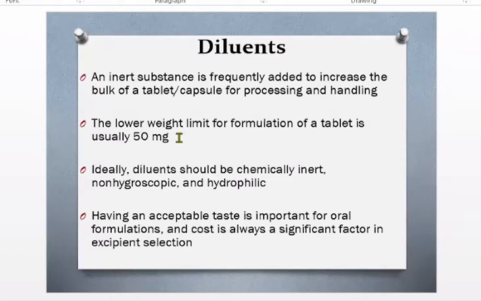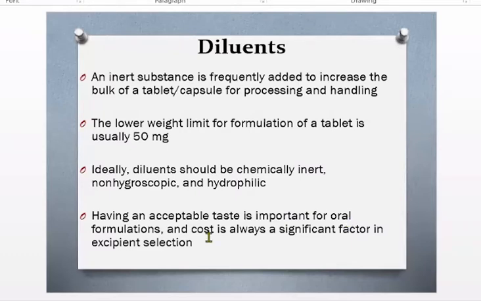Usually we are looking at the minimum of 50 milligrams. So in order to reach this level, you need to then add other substances just to increase the bulk. And these are referred to as diluents. Ideally, these should be chemically inert, non-hygroscopic, and hydrophilic in nature. Also, we need to ensure that they have acceptable taste, which is important for oral formulations.